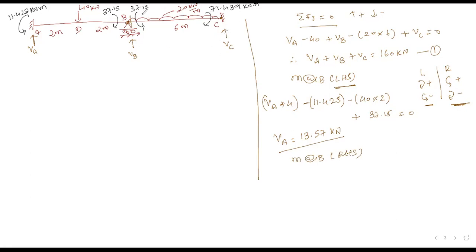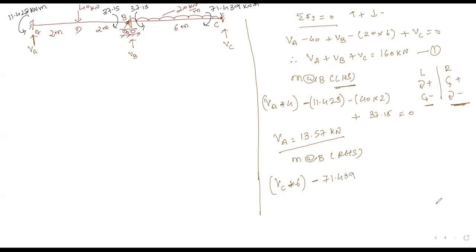Extend in upper direction, rotate about C. Anti-clockwise, right hand side, that's the reason positive. I hope it is clear. 17.49 is clockwise in nature. Right hand side clockwise is negative, that's the reason minus 71.439.